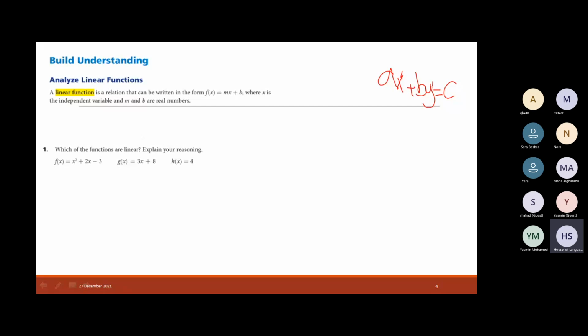So what about the linear function? The standard form of the linear function is mx plus b, where m is the slope and b is the y-intercept.